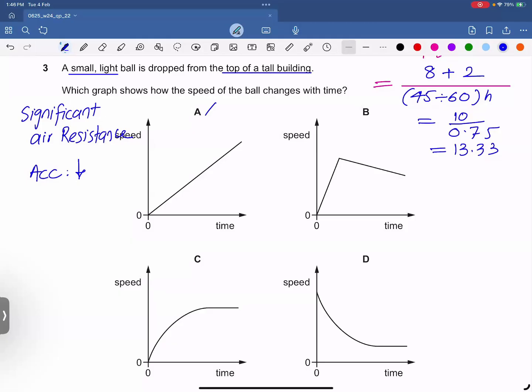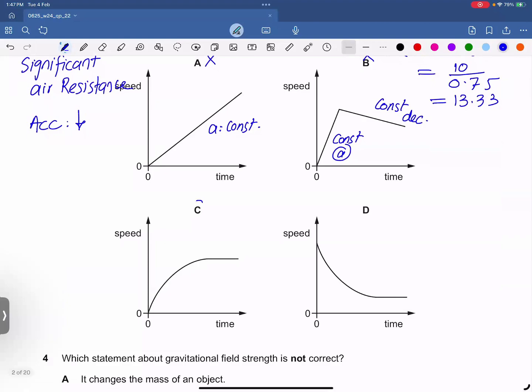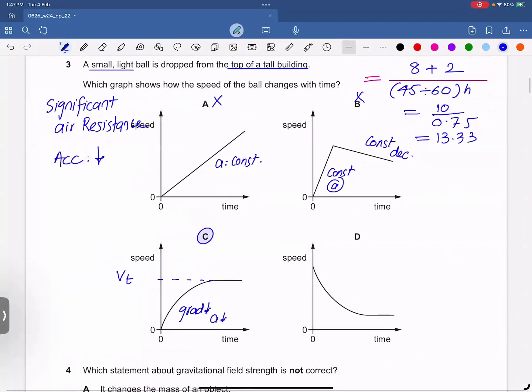A means acceleration is constant, wrong. B means constant acceleration, then constant deceleration, wrong answer. C is the correct answer. As the gradient is decreasing, acceleration is also decreasing, and it eventually reaches terminal velocity. So the right option is C.